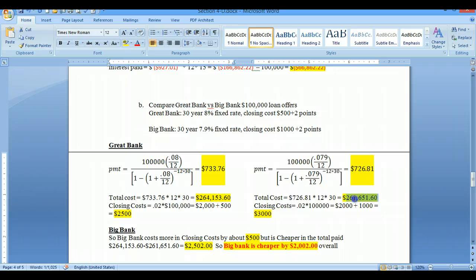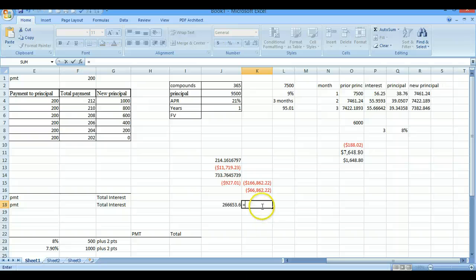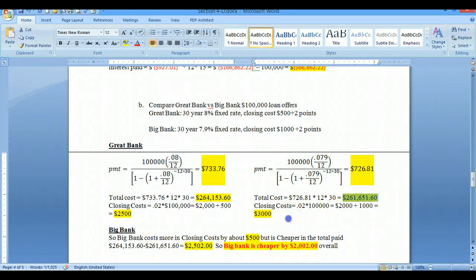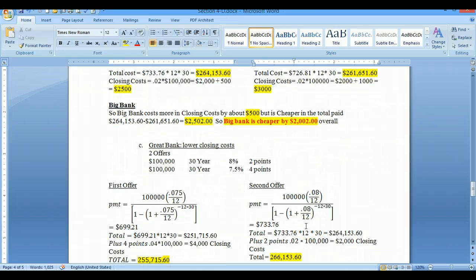So if I want to come in here to Big Bank and copy and paste it into here and take out my comma and dollar sign, add in $3,000. Now I can look at these and just find the difference. Equals this minus this total gives me $2,002 that it's cheaper by, even though it does have a higher closing cost. So that's something else to keep in mind, that closing costs can sometimes change what it is overall.